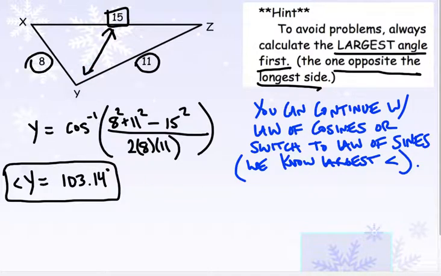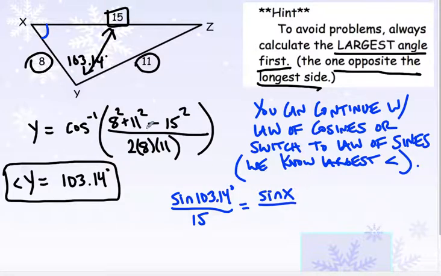So this is 103.14 degrees. So if I want to do law of sines, I can do sine of 103.14 degrees divided by the side across from it, 15, equals. And then I can choose to find x or find z. It really doesn't matter. Let's say we do x. So then it would be sine x divided by the side across from it, which is 11. And if you solve that, you will get for x 45.57 degrees.